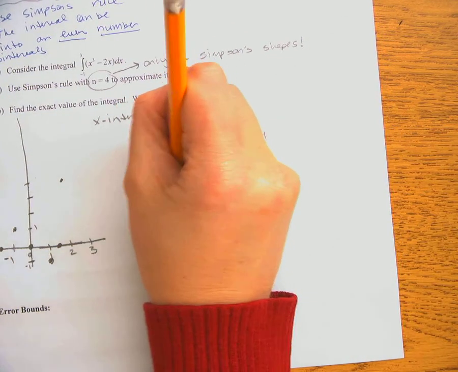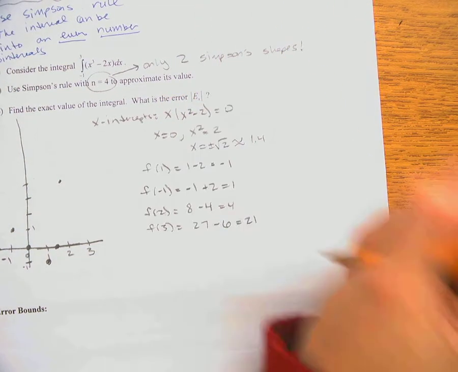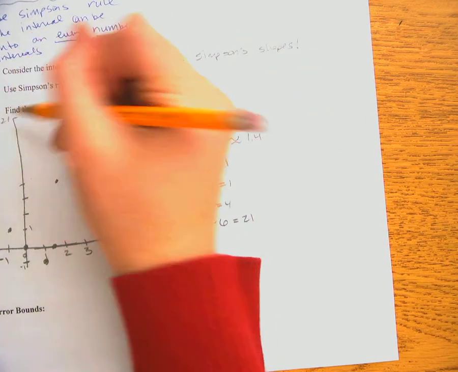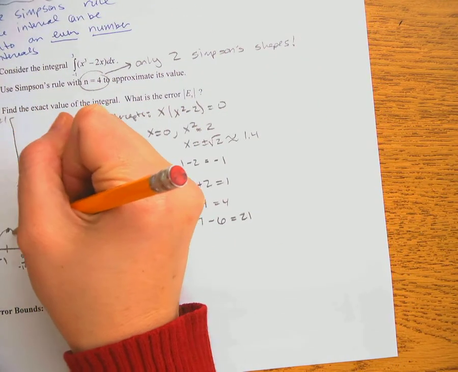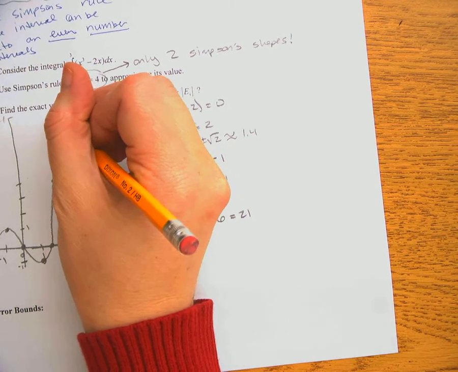And then f of 3 would be 27 minus 6. Oh, yikes, that's all the way up at 21. So that's up here somewhere. So it looks like it's going like this, and then it's going way up there.